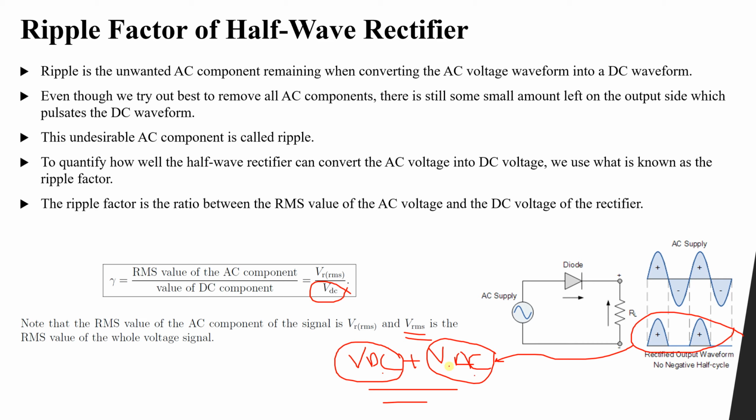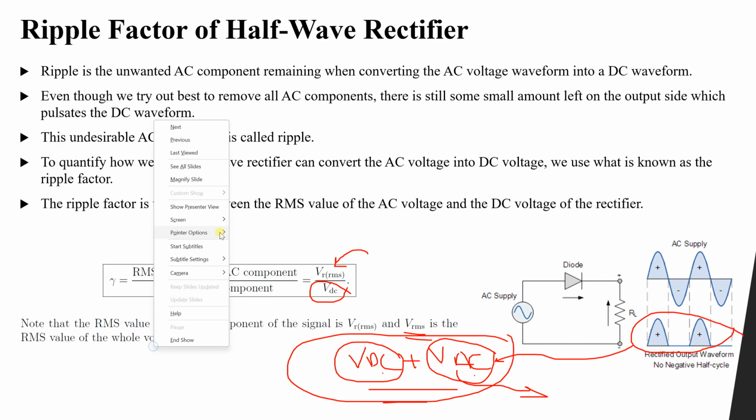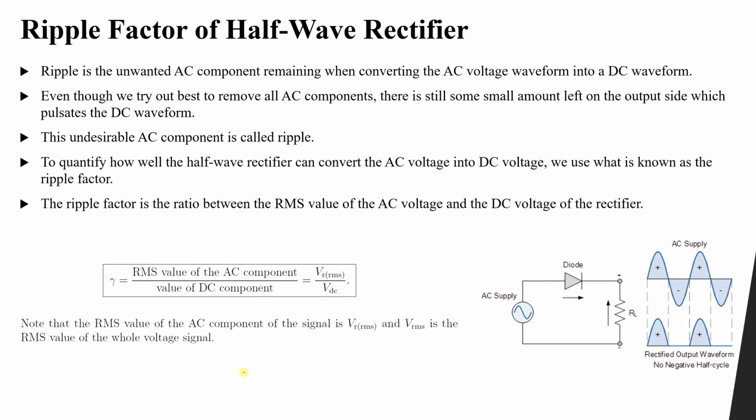AC here is the one which is causing ripples. So the RMS of only this component is the first one here, while the RMS of all of these together will give us the RMS of the whole signal. I don't think you understand yet, but let's see this with equations so you can understand.